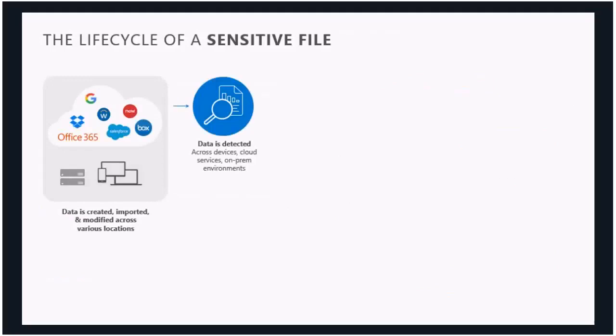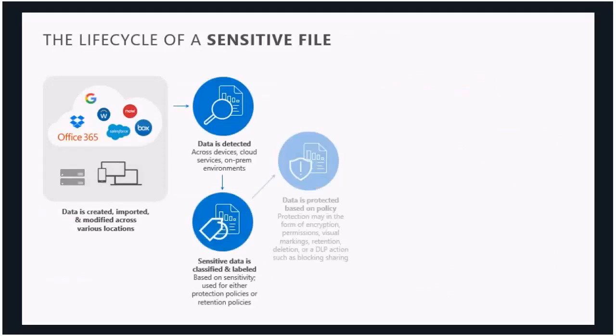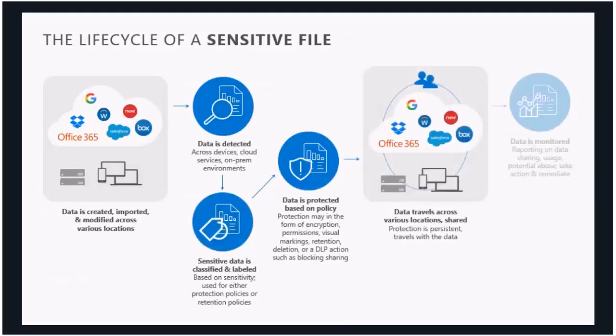So to illustrate the point, let's quickly go through the journey of a file, right? From the time that a file is created, let's assume this is an Excel file on a Surface Pro device, that file might be stored on a file share, in Office 365, in Box or Dropbox or G Suite, wherever that file is stored. Then it might be disseminated via email or external sharing in any of these different SaaS applications.